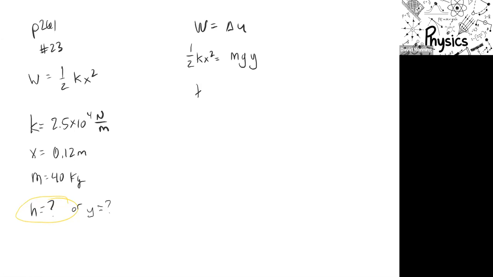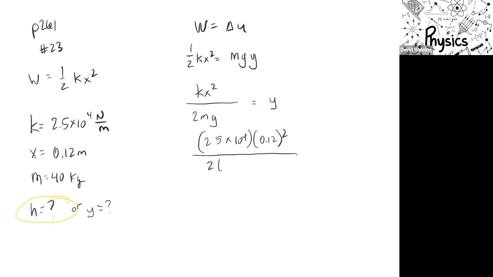So kx squared divided by 2mg equals y. So 2.5 times 10 to the fourth times 0.12 squared over 2 times 40 times 9.8 equals y.